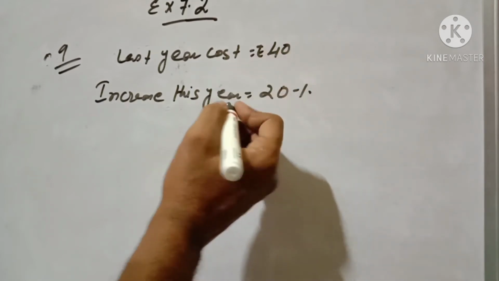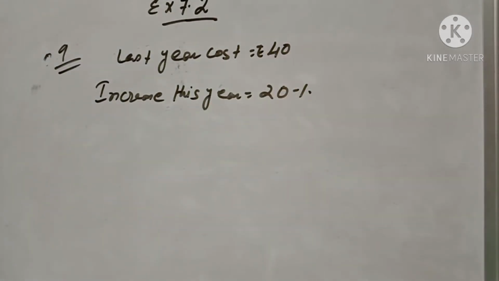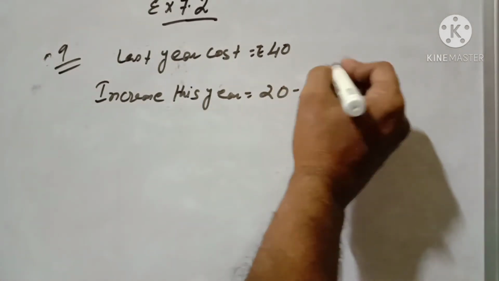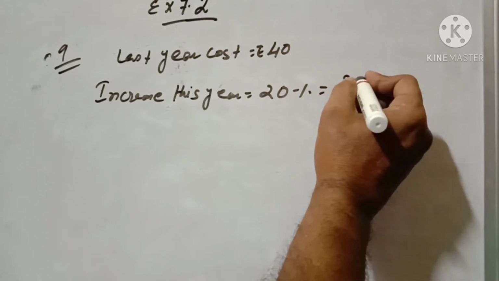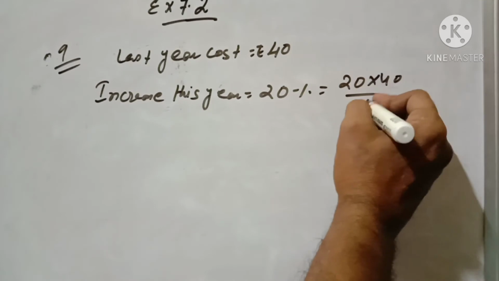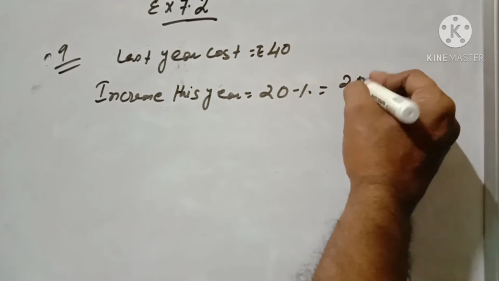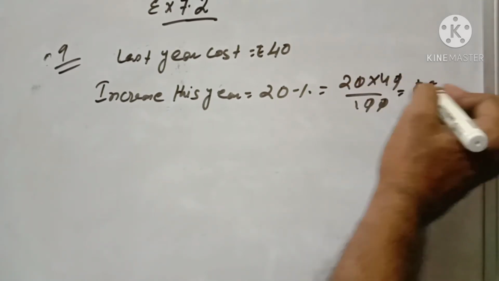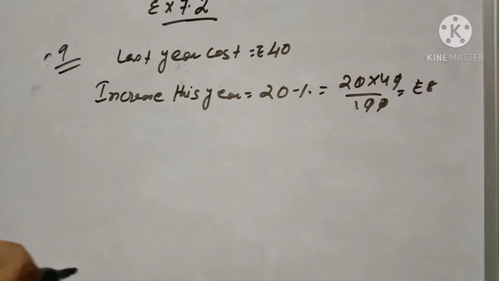Now we have to find out the increase amount. So 20%, that means 20% of 40 by 100. This 0, this 0 gone, means rupees 8. So now the present cost, the price this year.